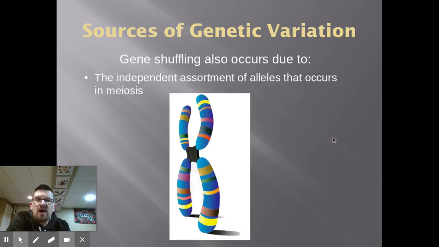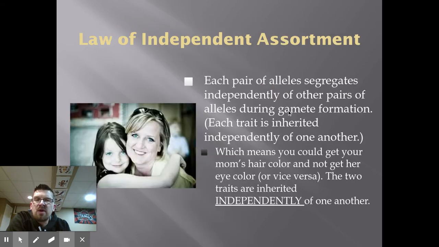We also have what's called the law of independent assortment. As it says here, the law of independent assortment is when alleles in meiosis segregate independently of other pairs of alleles during the gamete formation. So in other words, you've got a lot of traits, and as we've talked about, you only give half to an offspring.